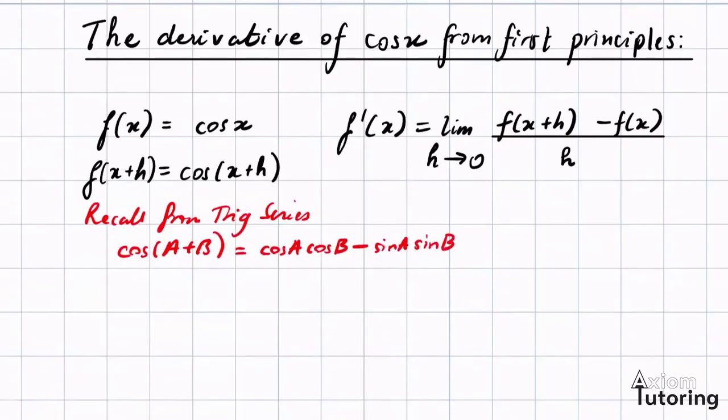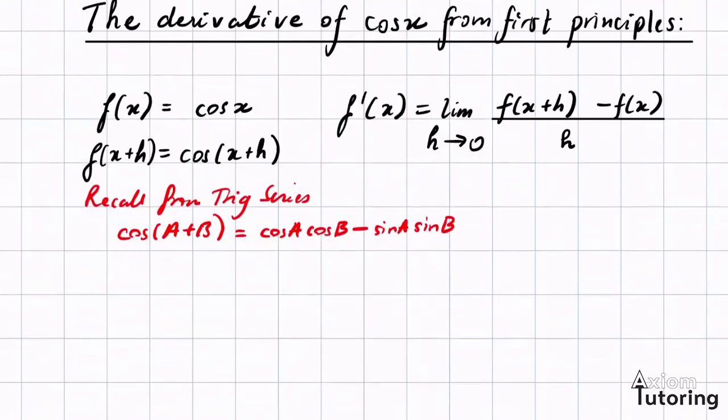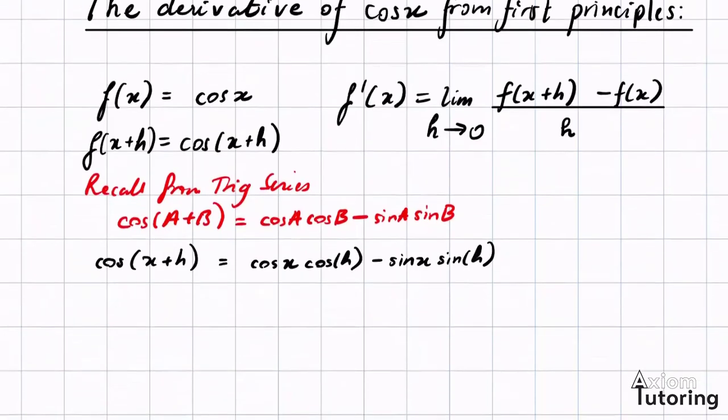So we're using our cos compound angle formula here to rewrite cos of x plus h as cos x cos h minus sine x sine h.